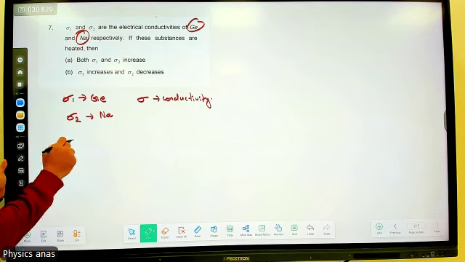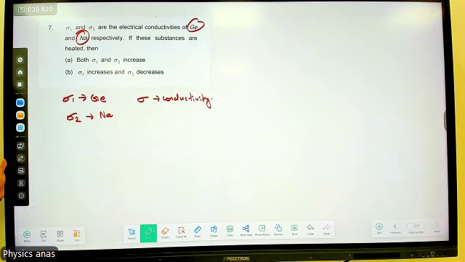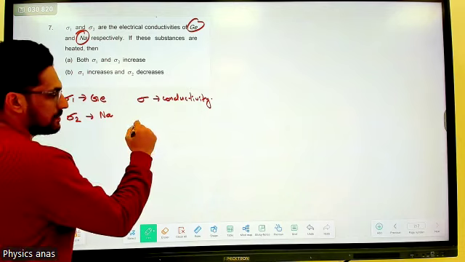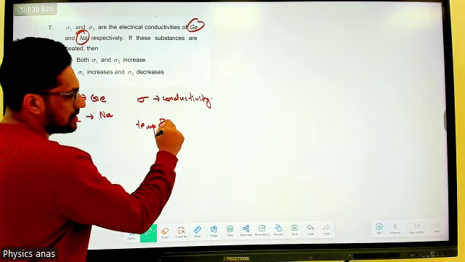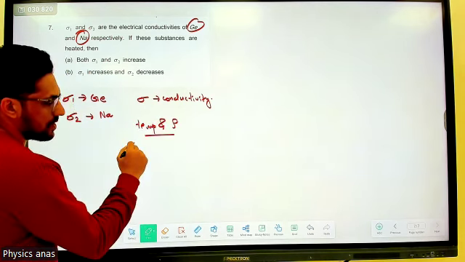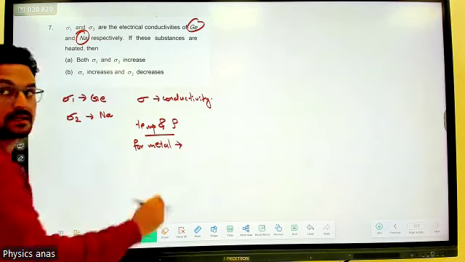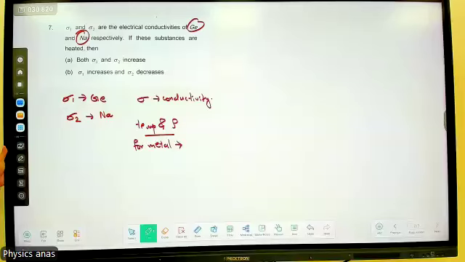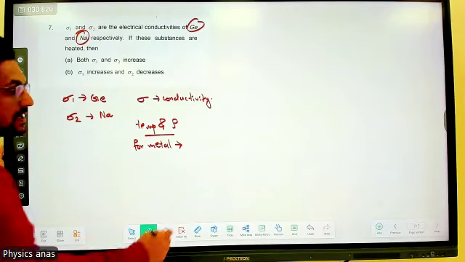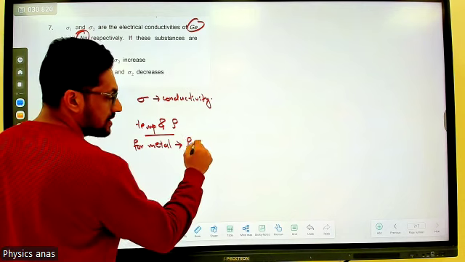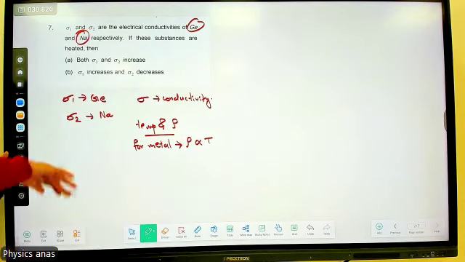What is the relation between conductivity of a metal and its temperature? Or resistivity? For metal, temperature and resistivity are directly proportional.